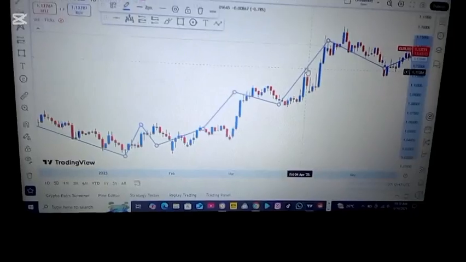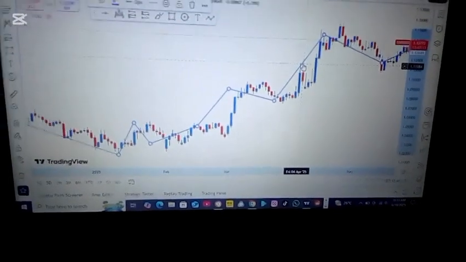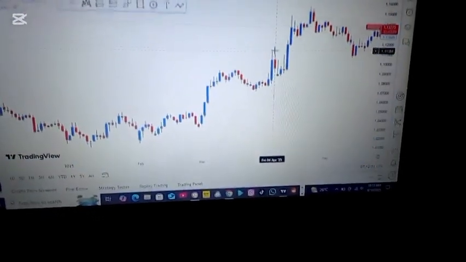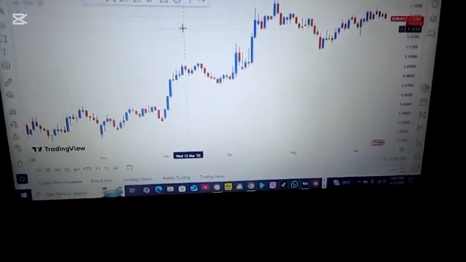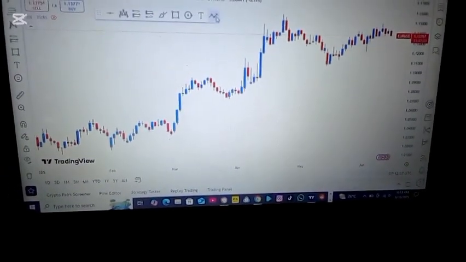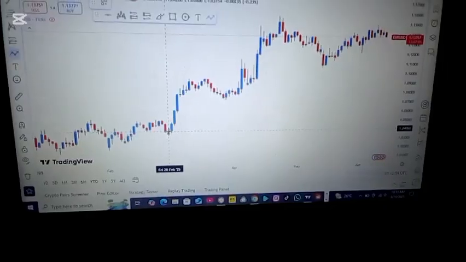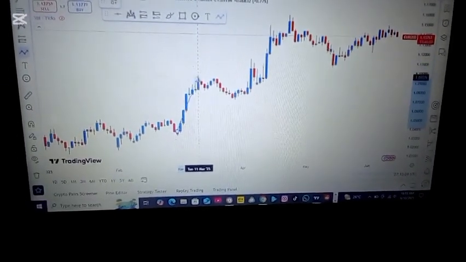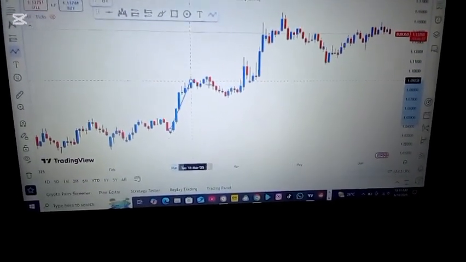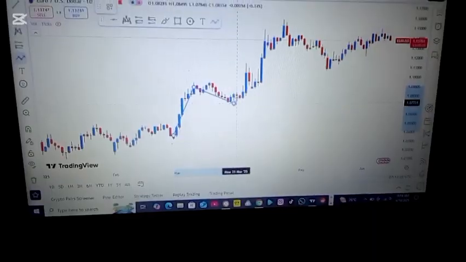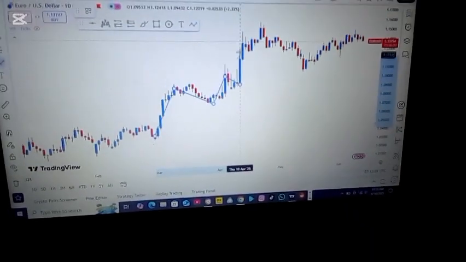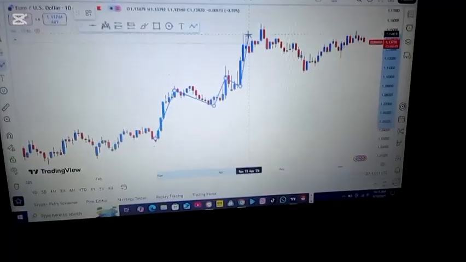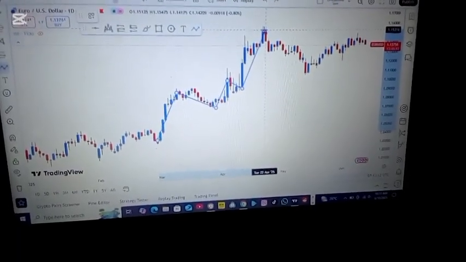Yes, so after moving to the daily time frame, this is what we are having. We are having a high, a low, a higher high, a low, a higher high right here.